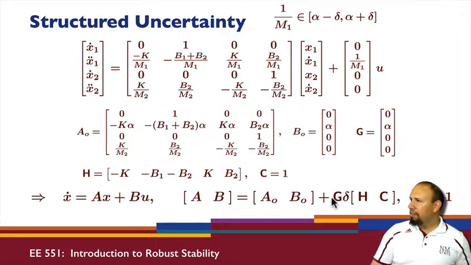And then I'm going to have G delta C. C is just the quantity 1. So this is our uncertain system. We've shown how we can take a problem and set up the matrices so that we can get it in this form, with the matching conditions.